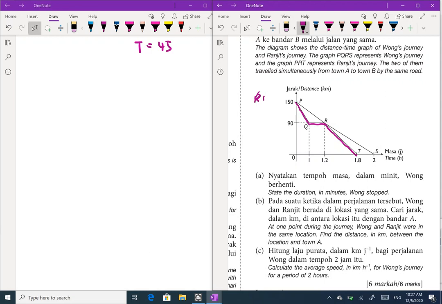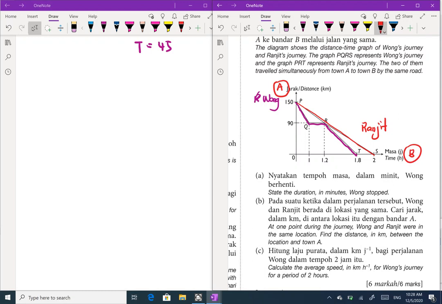This is Wang. And the PRT, the straight line, is Ranjit's. The two of them travel simultaneously from town A, this is A, to town B by the same route.